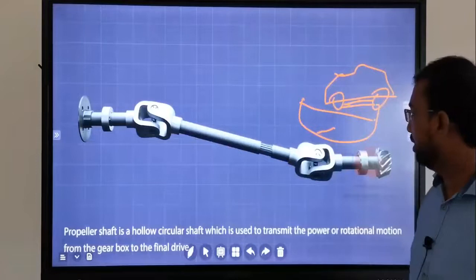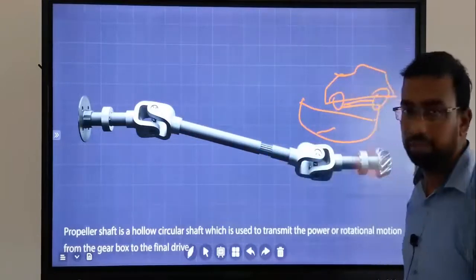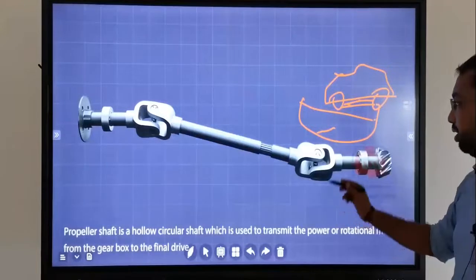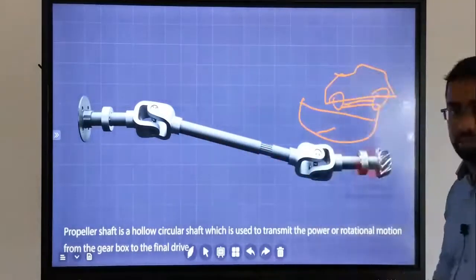That's why the universal joint is used, to locate the propeller shaft in an inclined position.